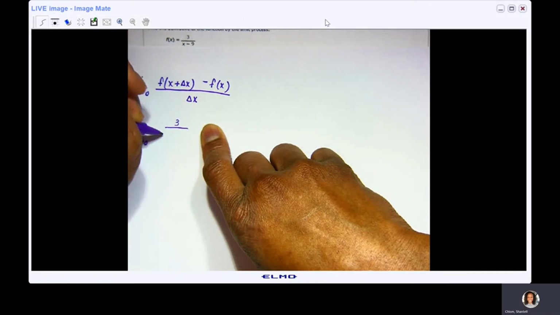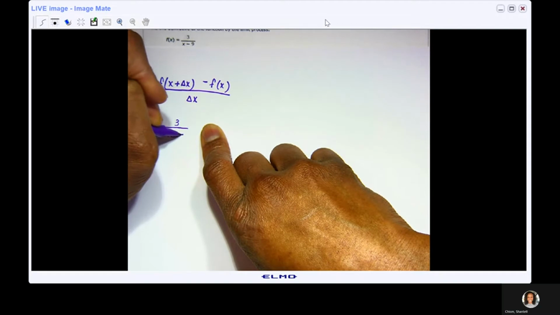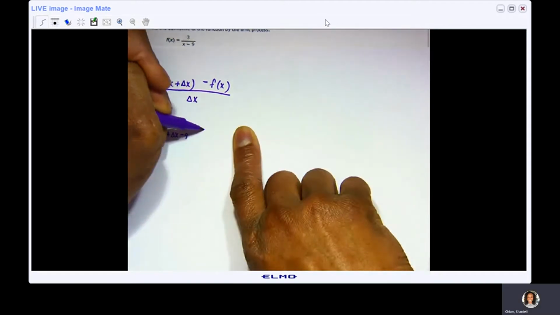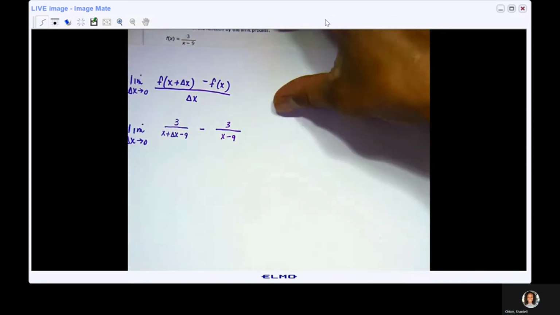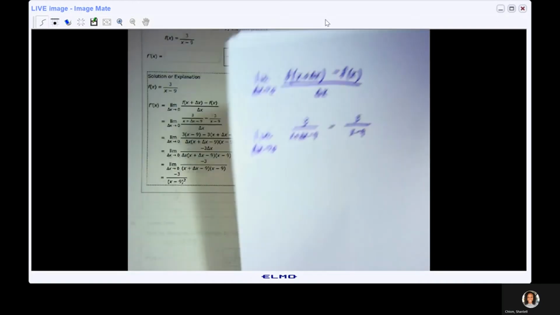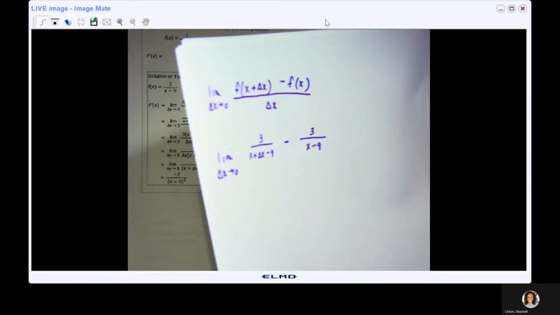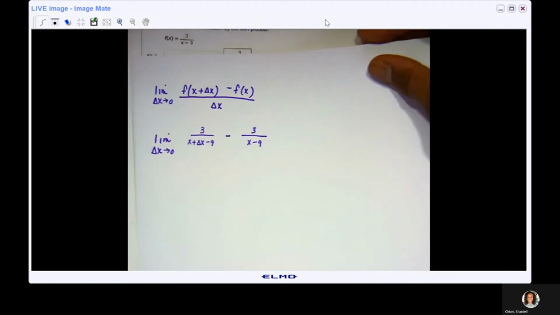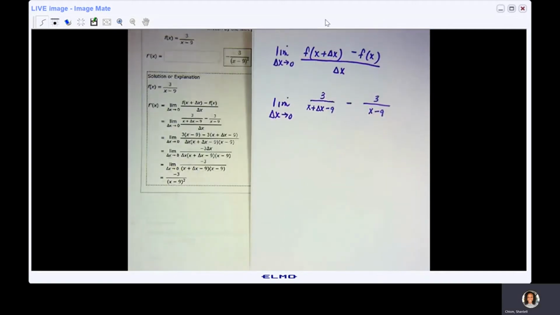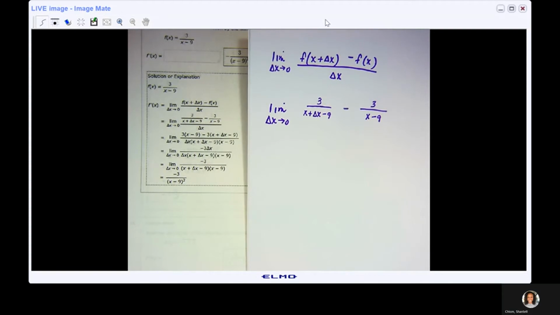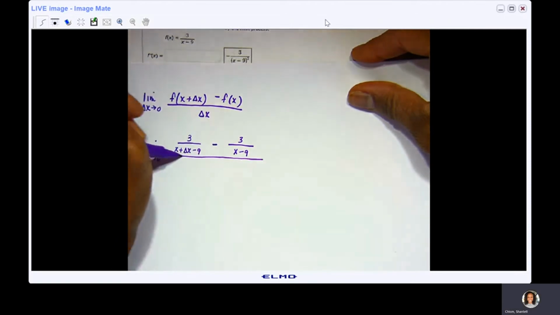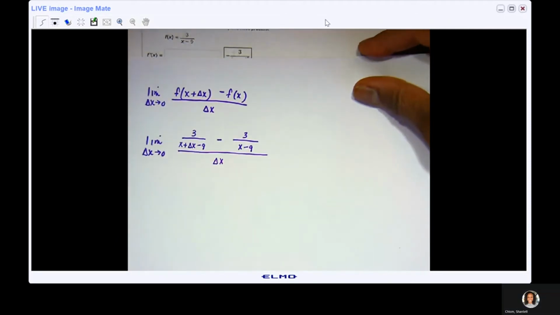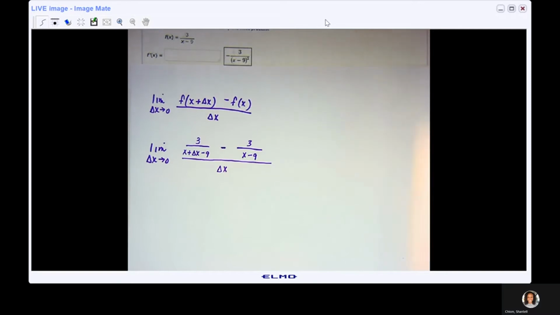Three over x plus minus, and now I have minus x minus. All right, and then I have delta. Okay. So this looks really yucky. Basically, you got a fraction.